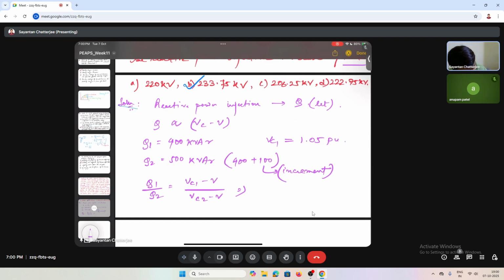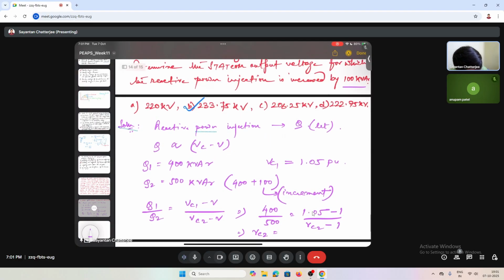So Q1 is given. So Q1 is 400 by 500 is equal to 1.05 minus 1 by VC2 minus 1. So I hope if we solve this, VC2 will get us 233.